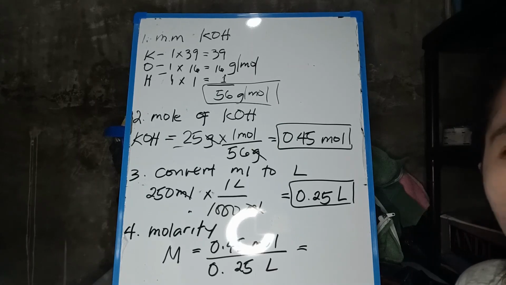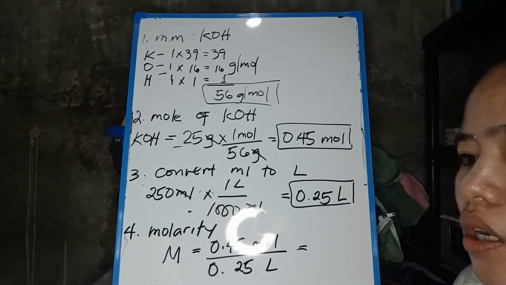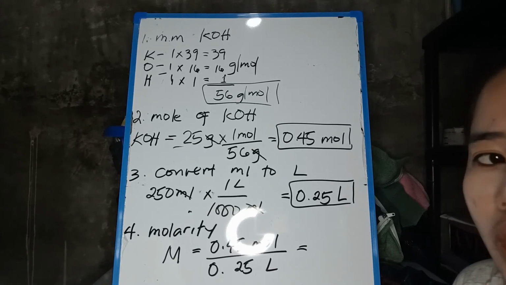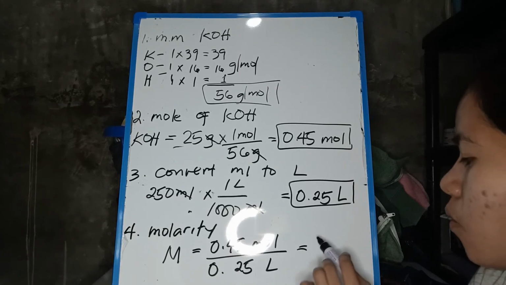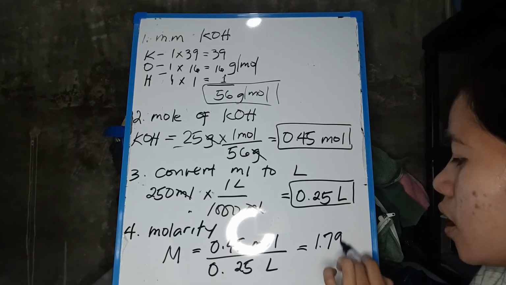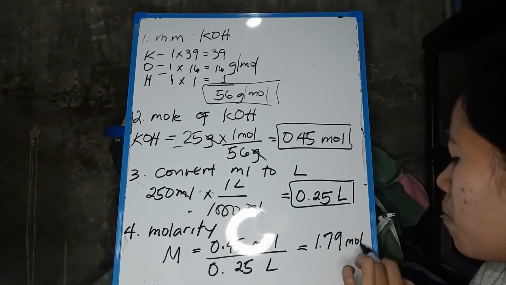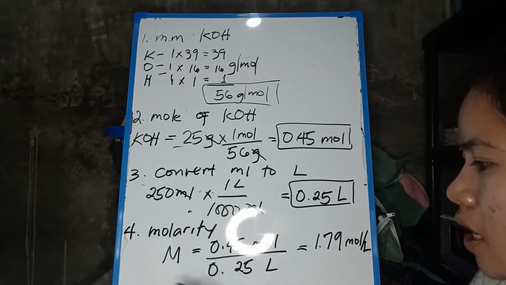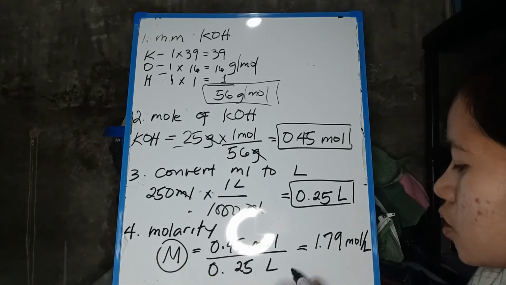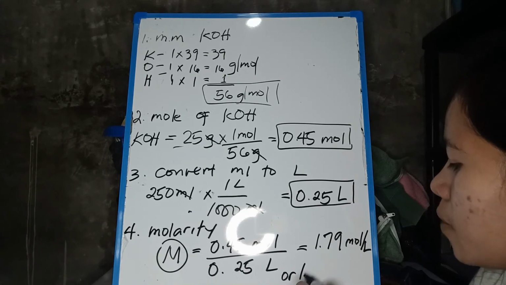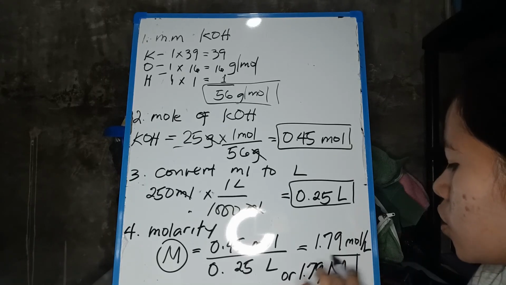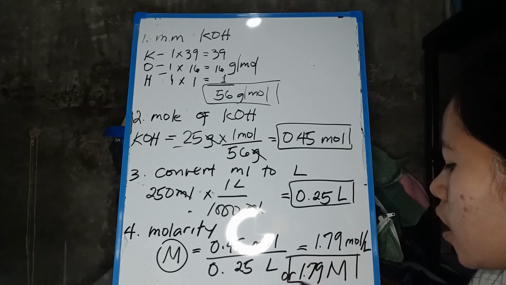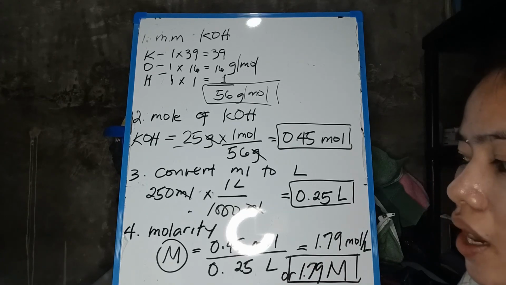So, 0.45 divided by 0.25 liter is equivalent to 1.79 mole per liter. Pero, pwede natin gamiton ang molarity. So, we have 1.79 M. So, in terms sa unit, kay ibahan ni molarity o ni molality.